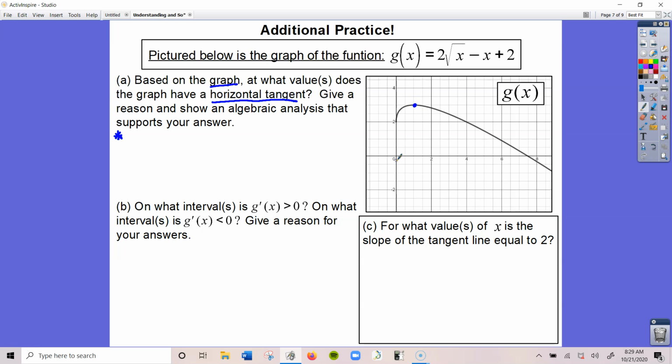This looks to be my maximum, and this is x is equal to 1. So g of x would have a horizontal tangent at x is equal to 1, and we would say because g of x has a maximum.